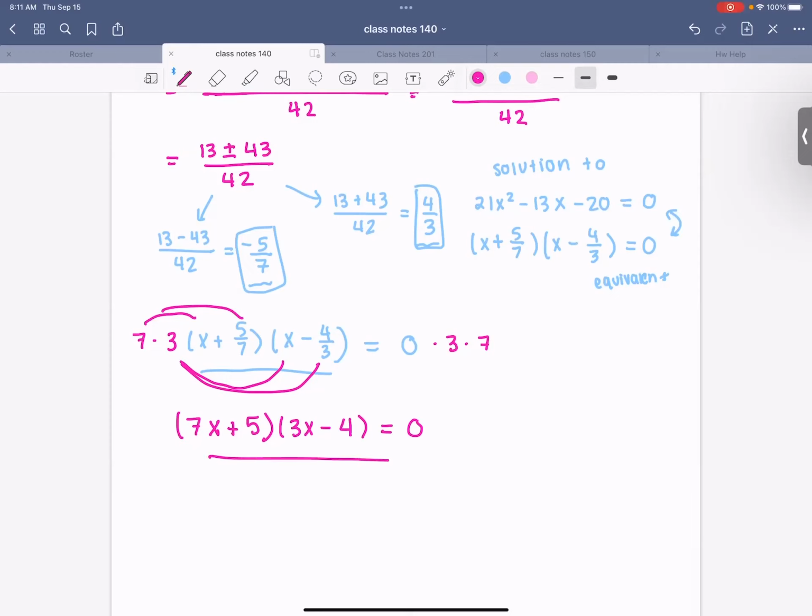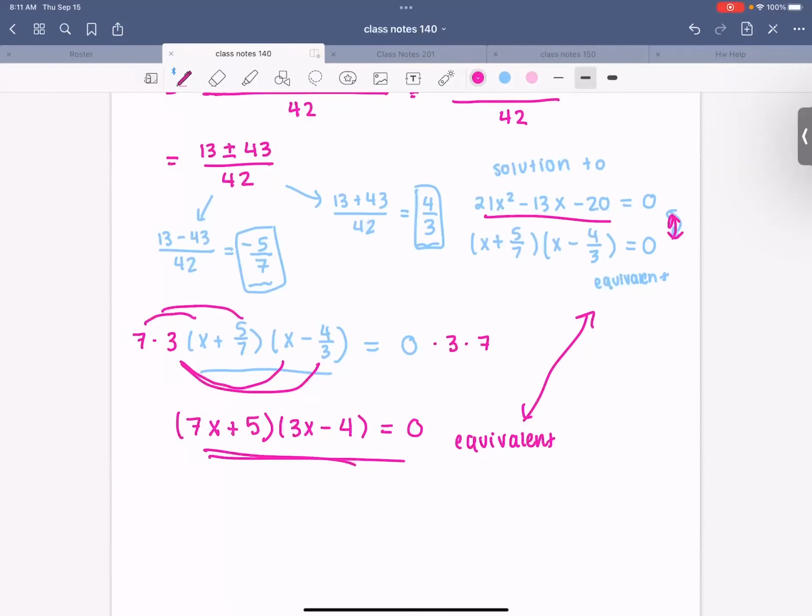So this equation is also equivalent, or has the same solutions as that one, right? And the second equation was equivalent to our first equation, which means this does have the same solutions as our first equation right here.